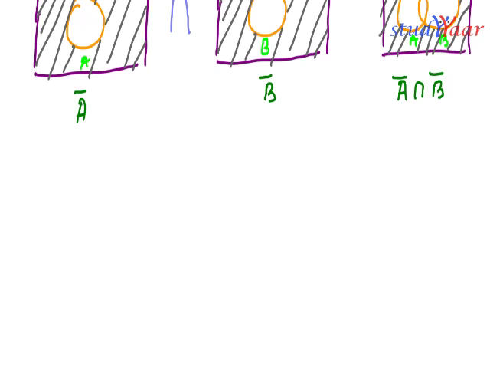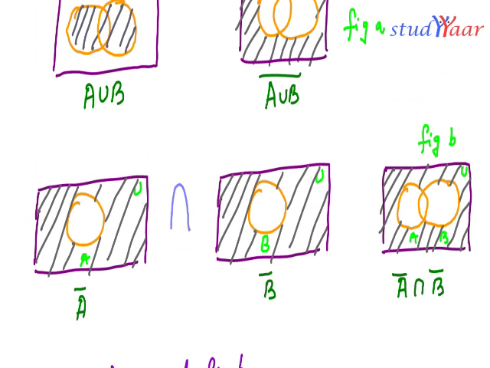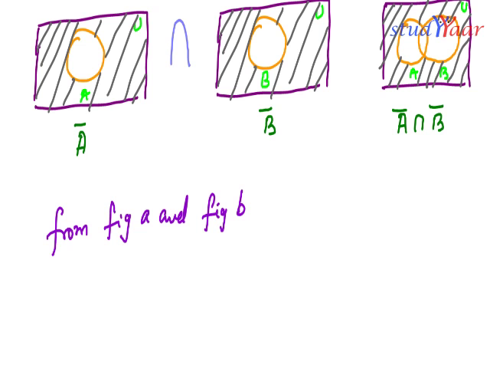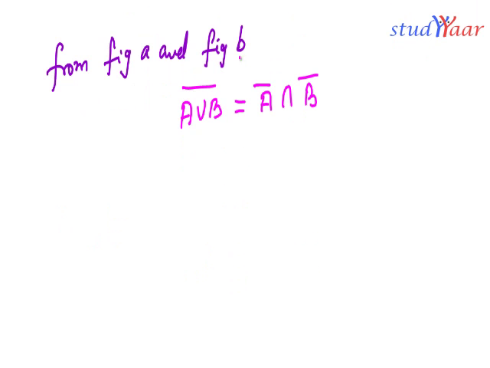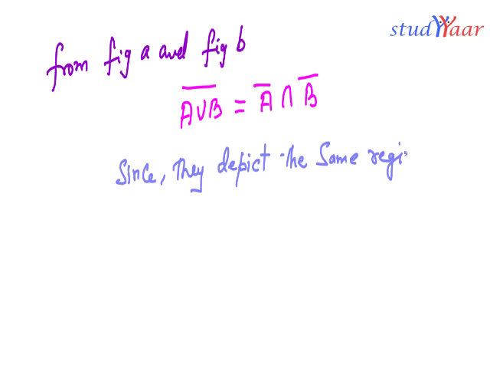Now from figure A and figure B, what we realize is A union B, the whole complement, is equal to A complement intersection B complement, since they depict the same region or same set of elements.